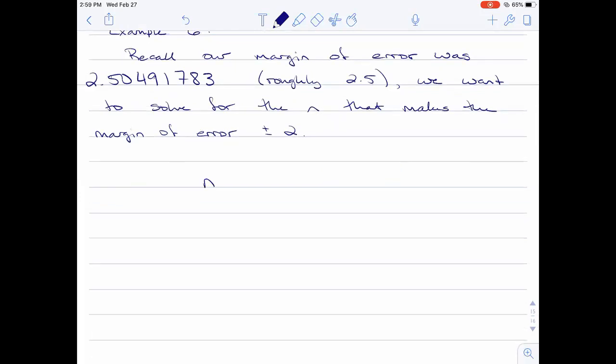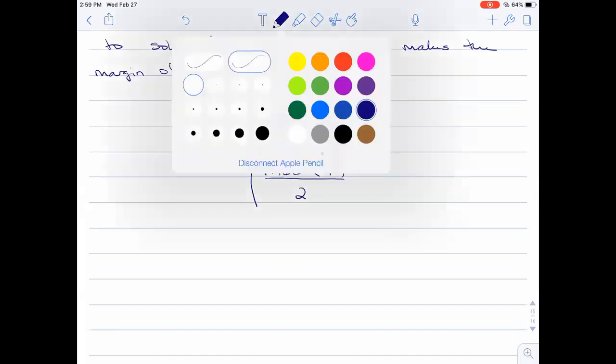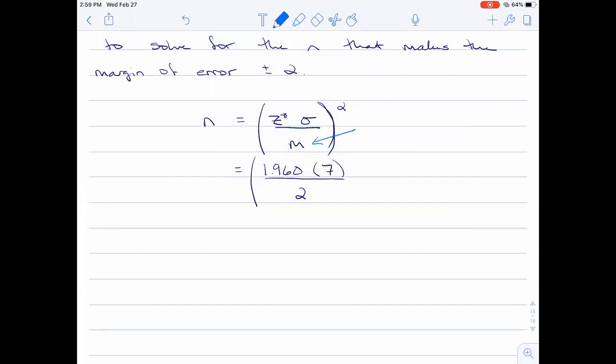N is Z star times sigma over M, all squared. Z star is still 1.96, right? Because we still want to do a 95% confidence interval. So 1.960 times sigma, which is 7, divided by M. This has to be our desired margin of error.